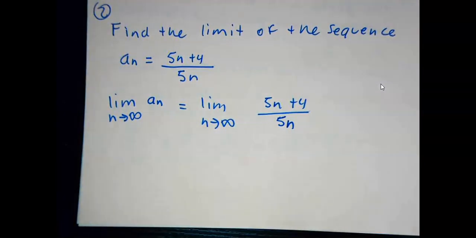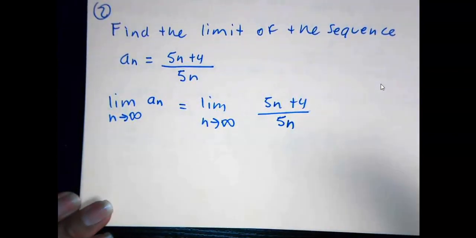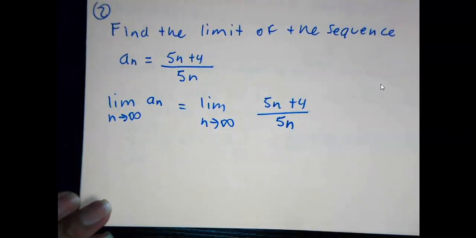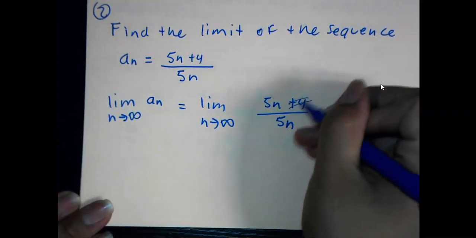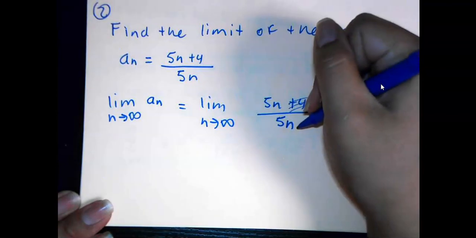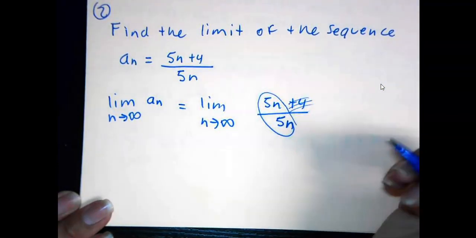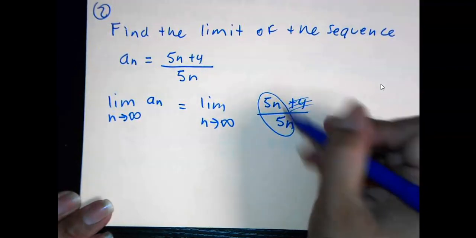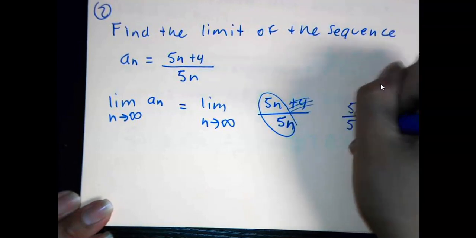So when we go to infinity, it doesn't really matter that I have plus 4, because I'm going to have a huge number. It's like a really, really big number plus 4 is still a really, really big number. So I'm going to ignore the 4. And I'm only looking at the highest exponents of n. In this case, it's n and n. They're the same exponent. If you have the same exponent, you're going to put them over each other.